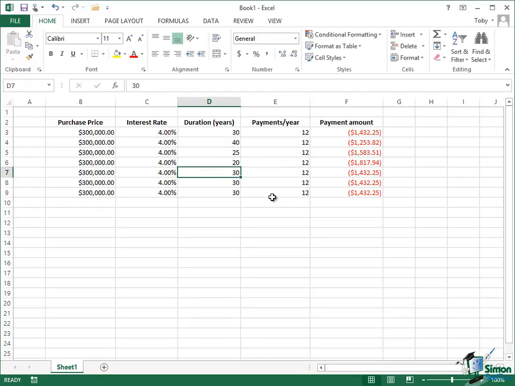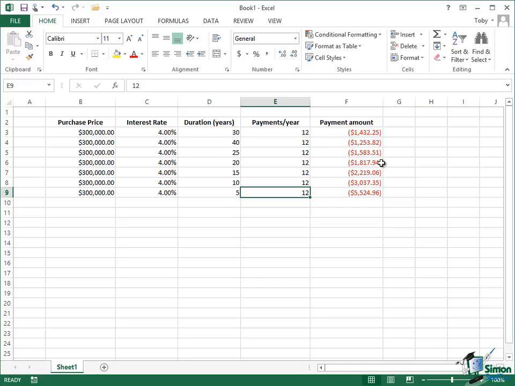20 years? 15 years, 10 years, 5 years. And you can compare all of the payment amounts and say, well, which of those could I afford? Maybe you can say, I could actually get it down to 20 years instead of 30 by paying $1817.94 per month.